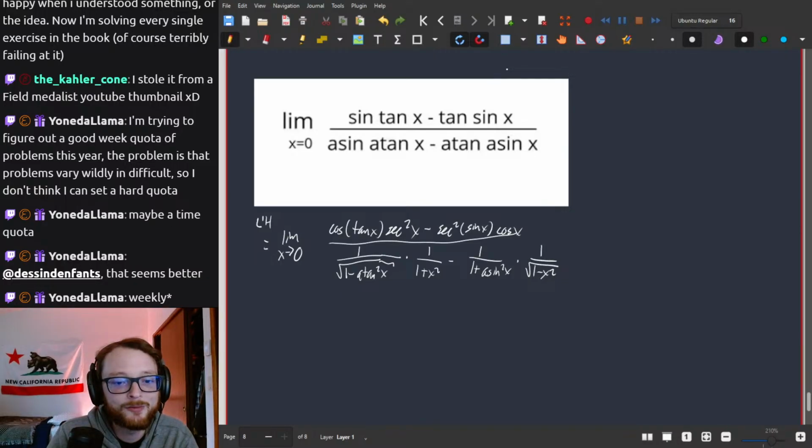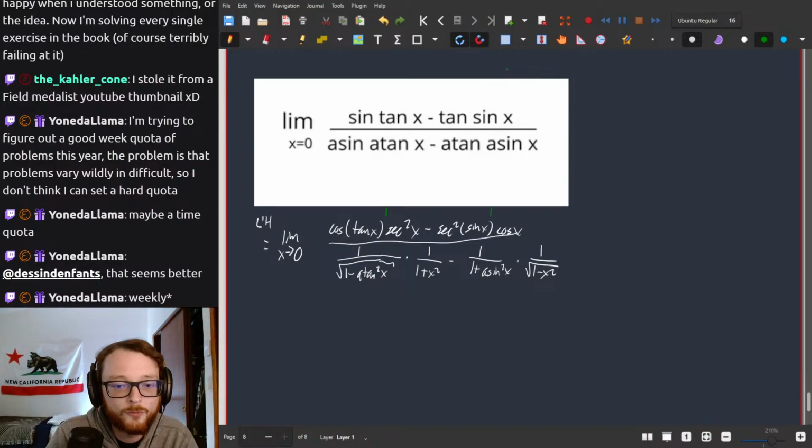So what happens if we try to plug in 0 into this thing? It's a lot to keep track of. Okay, tangent of 0 is 0. Cosine of 0 is 1. Secant of 0 is 1. Sine of 0 is 0. Secant of 0 is 1.